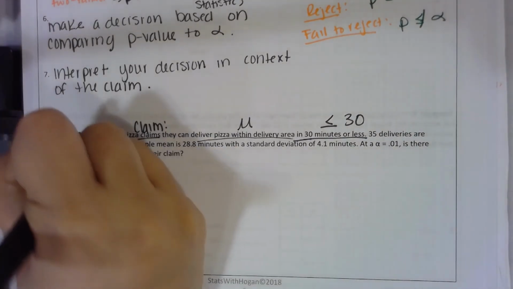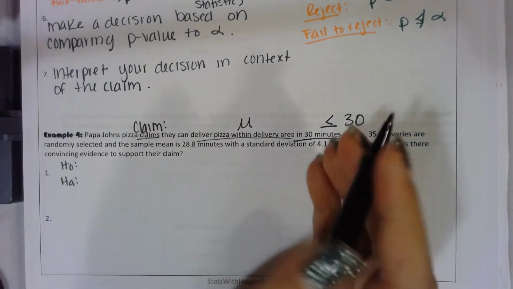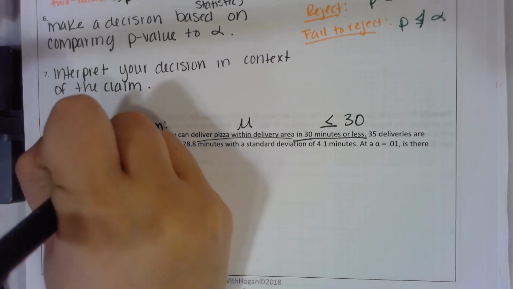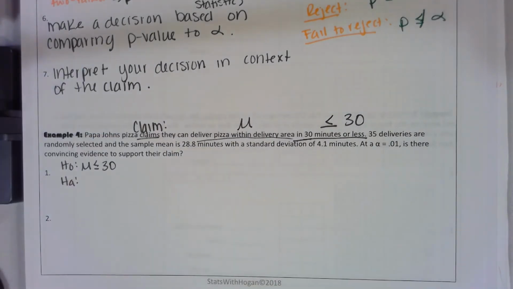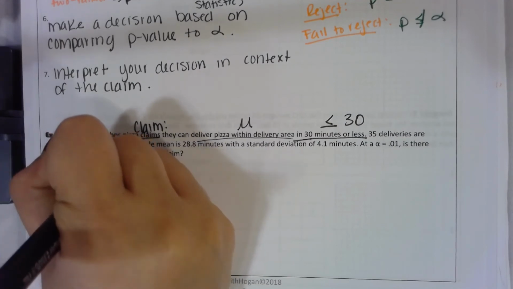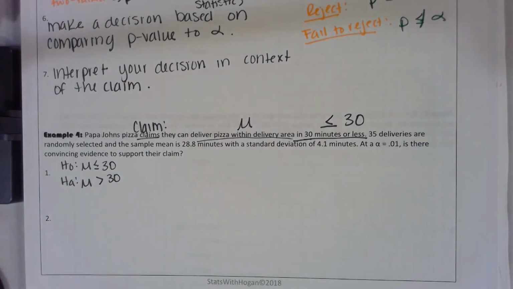Calculate your test statistic using z equal to your formula. To actually do this, we need 4 things. We need to know what is our sample mean, what is our hypothesized mean, what is your standard deviation, and what is your sample size.